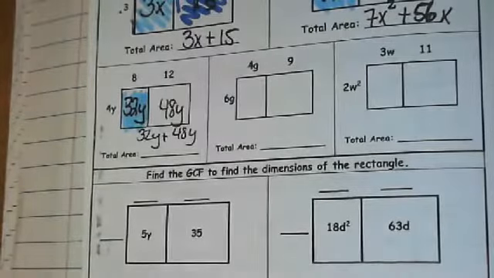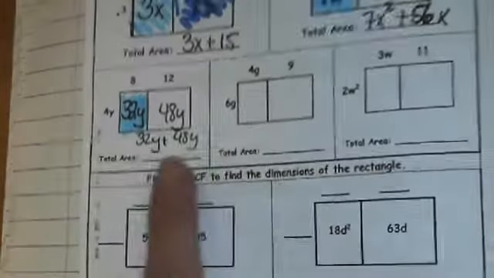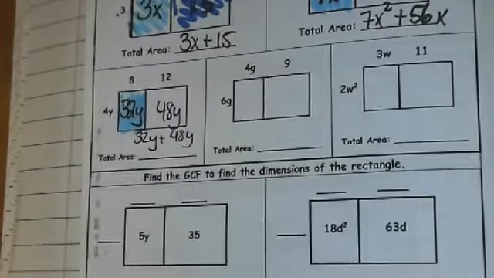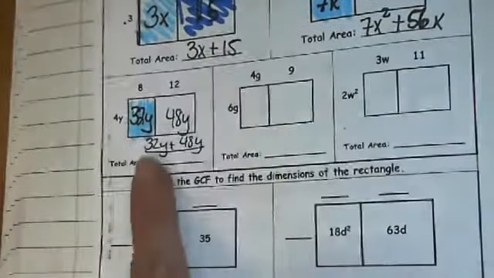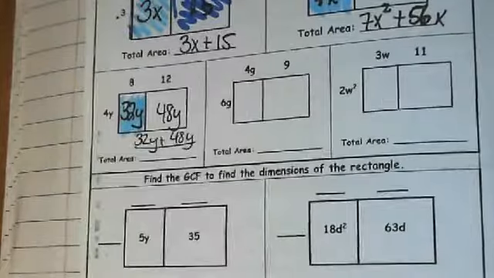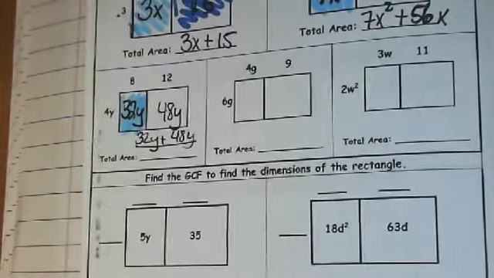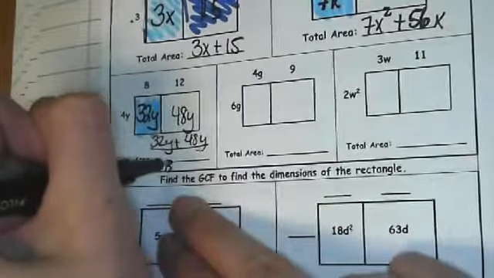So just worry about writing it this way, and that's fine. But later you'll understand that you can combine the 32 and the 48 because they each have a y. That would be a total of 80y, if you combine the two all together.